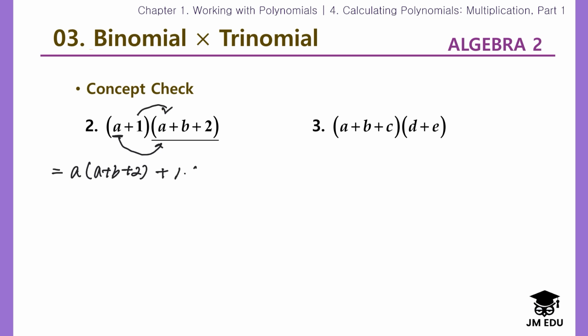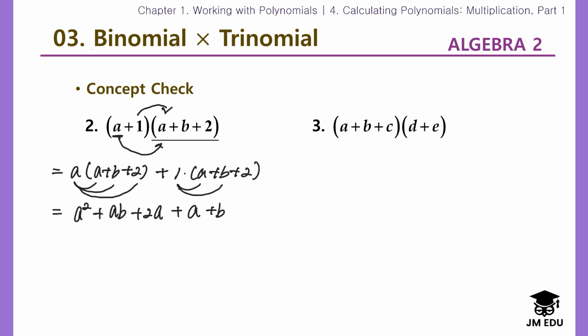So that's a times a squared plus a times b, ab, a times 2, that's 2a, plus 1 times a, 1 times b, 1 times 2.